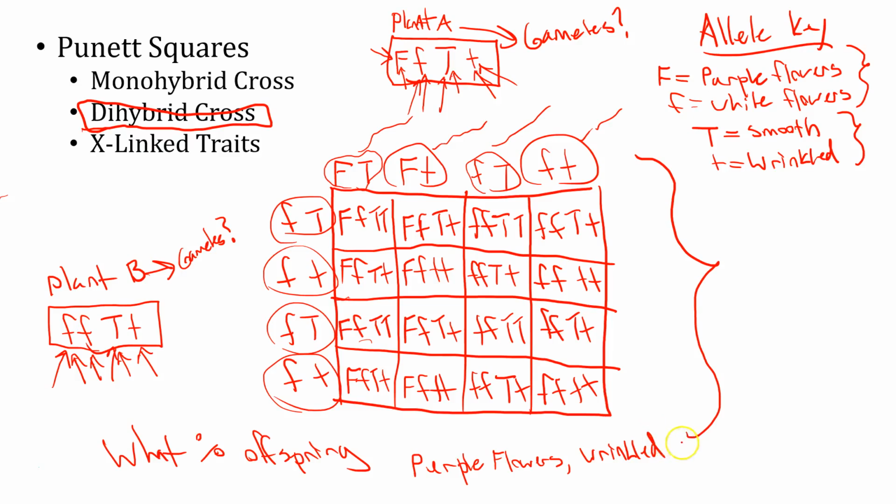Well, if I was asking specifically this question, I'd be looking for anything that's got a big F, because that would be the dominant allele, and then the only way that something could be wrinkled, that's the recessive phenotype, it would have to have two recessive alleles, because remember, even if there's one dominant allele present, it's going to be the dominant phenotype. So anything with a big F and this would be little t's is what I meant to put here, little t's for texture is what we decided up here. So anything with a big F and also two little t's, that's our criteria.